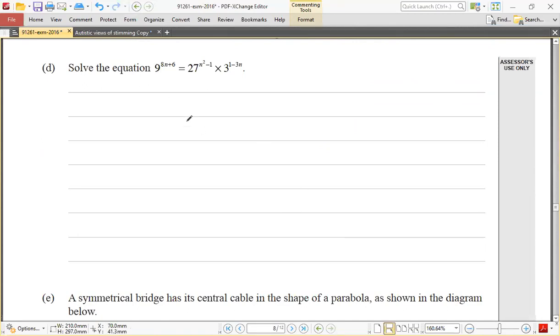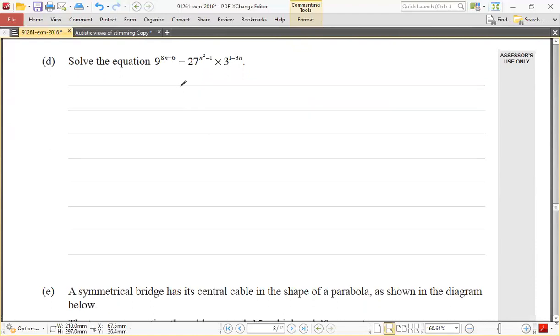So 9 is just 3 squared. 27 is 3 cubed, to the power of 3. And then we've got 3 as 3 to the power of 1 minus 3n.